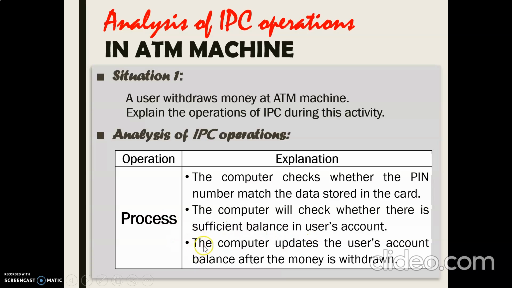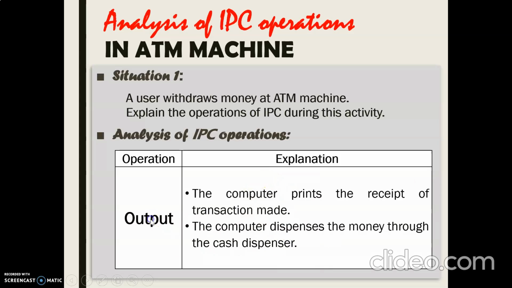And another example of a process is computer will update or minus or deduct the user's account balance after the money is withdrawn. So the process of deducting here involve arithmetical operations which is done by the CPU. All the processes will be done by the CPU.